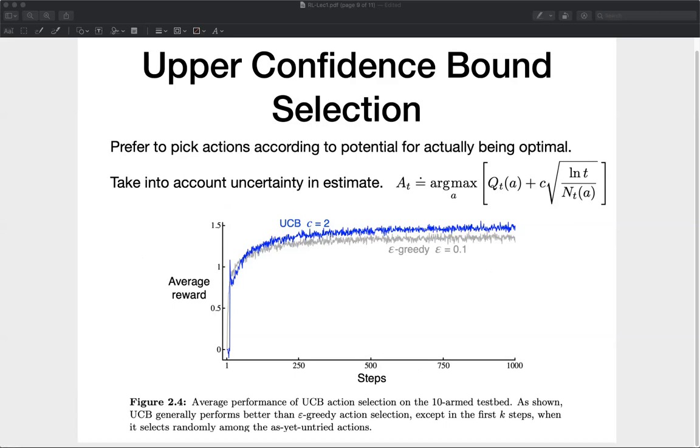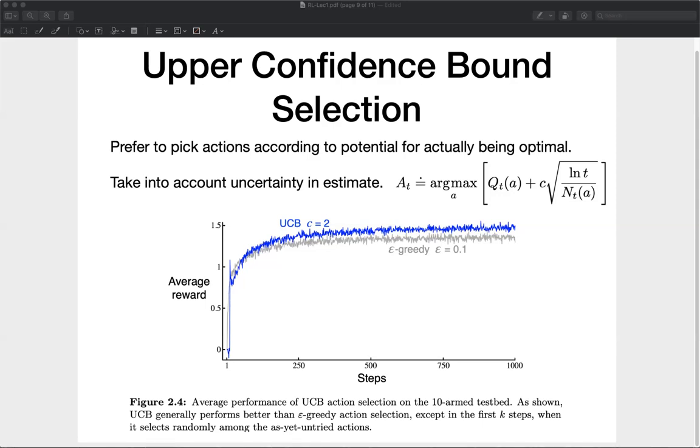Like I said, you're going to take into account the uncertainty in the estimate. So the action that we're going to take, the arm, is going to be the best arm with the value. This is the current estimate, and here's a term that modifies it, right? So notice that C is just a constant, and the number of times you've chosen that arm appears here in the denominator. So as this number gets bigger, this value tends to decrease, meaning the uncertainty is less, right?